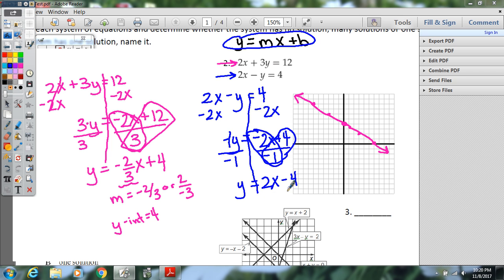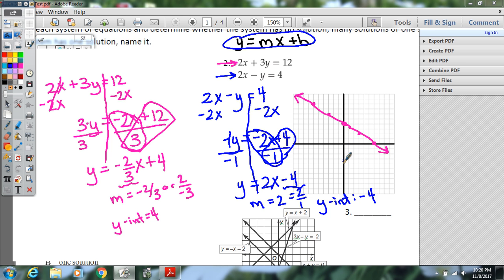So we have our slope is 2, and remember, you want to write it as a fraction, so really we can think of it as 2 over 1, and our y-intercept is the number there at the very end, so our y-intercept is negative 4.